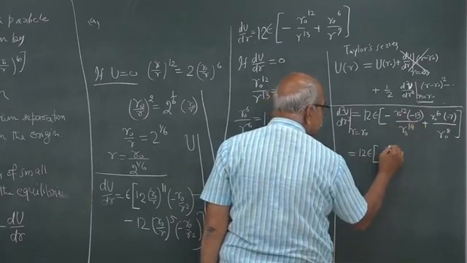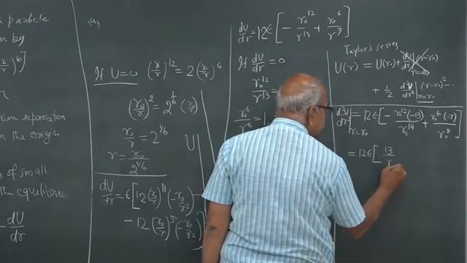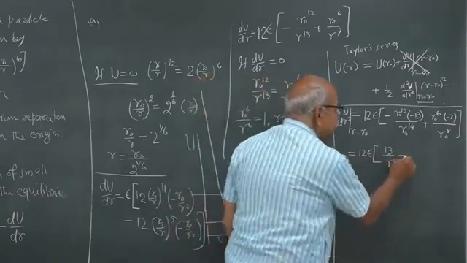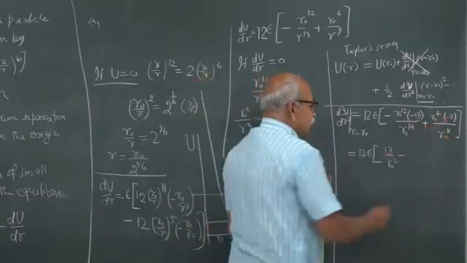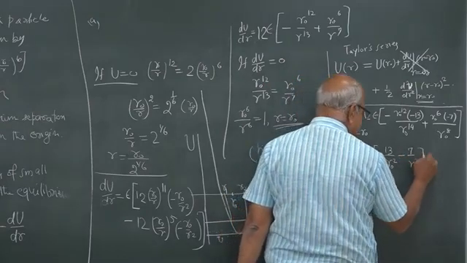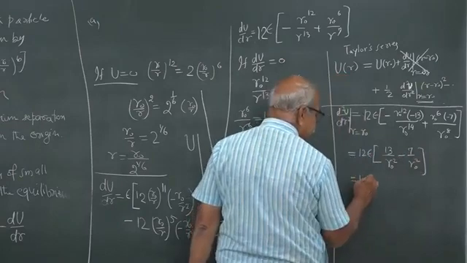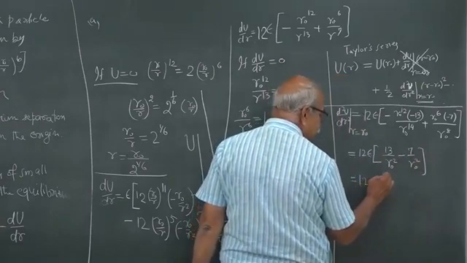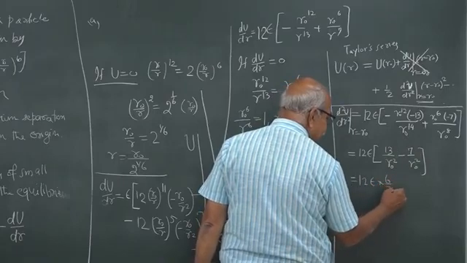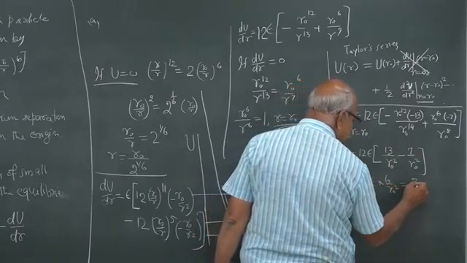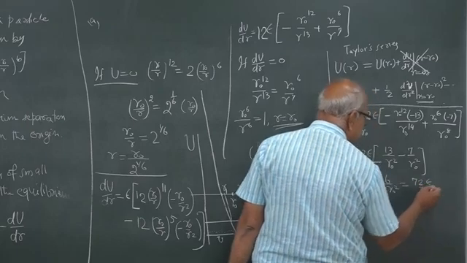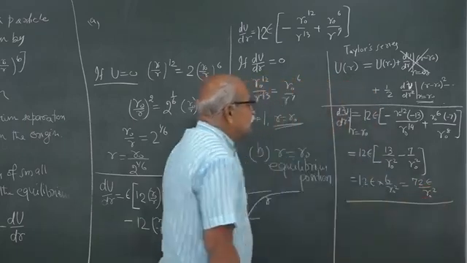So, it is 13 divided by r naught square, the first term. The second term is minus here and 7 here and divided by r naught square. So, this is 12 epsilon into 6 divided by r naught square. So, it is 72 epsilon divided by r naught square.